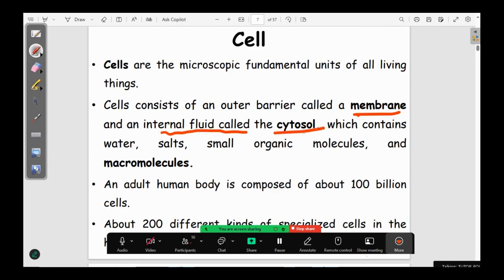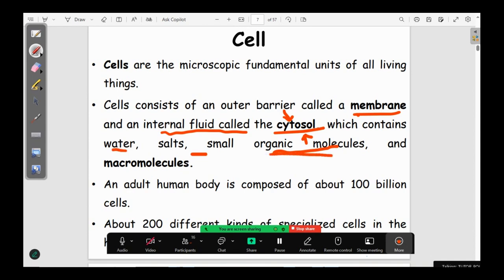This cytosol is just a mixture, guys, of water, salts, small organic molecules, and some macromolecules like carbohydrates, lipids, and proteins. That's what this cytosol is: a combination of water, salts, small organic molecules, and the macromolecules.